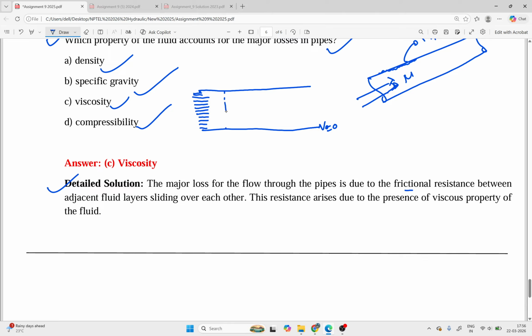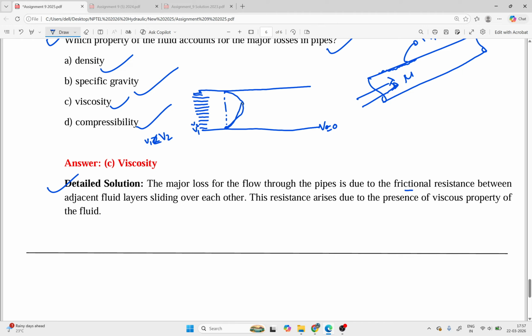Let us suppose the velocity of this layer is v1 and of this layer is v2, so v1 is less than v2. So v1 tries to reduce the v2 velocity. It will be like that, like that. After that, it reaches the maximum, then similarly from this side also.